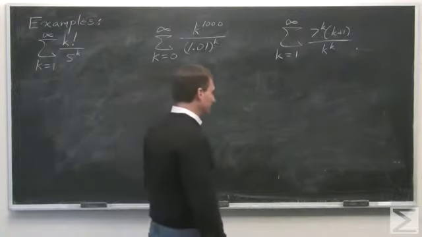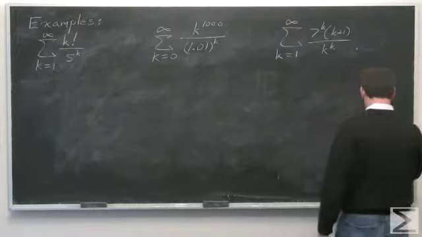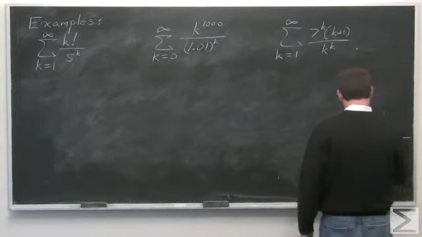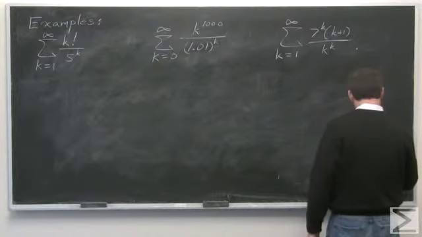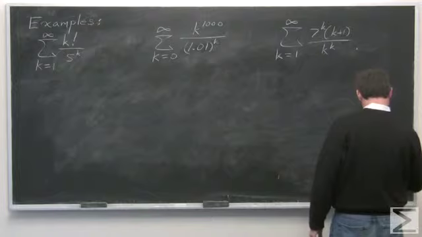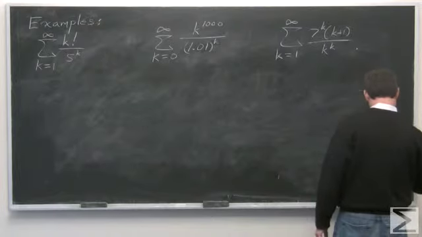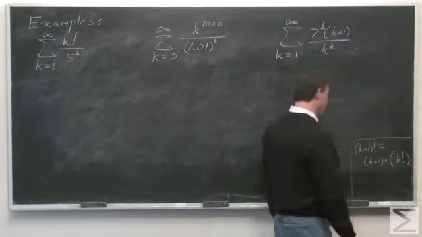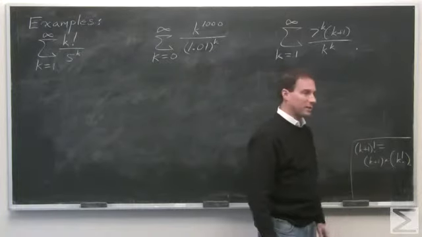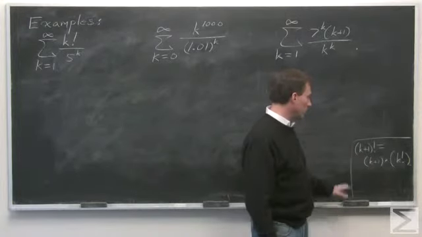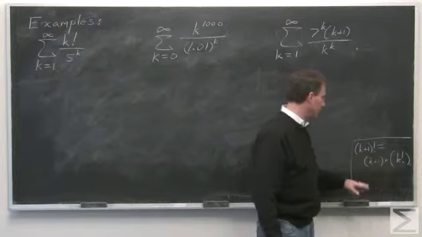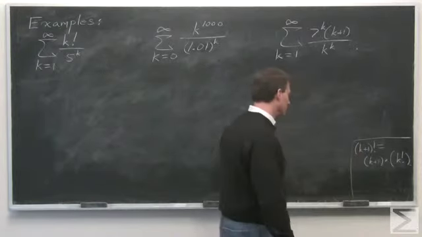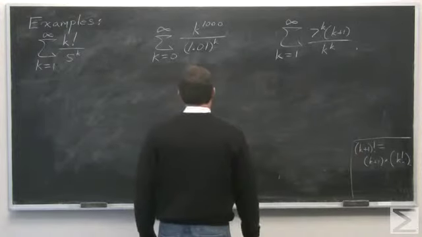I remind you of what I've reminded you of before, that k plus 1 factorial is k plus 1 times k factorial. So k plus 1 factorial divided by k factorial is k plus 1, or the other way around, k factorial divided by k plus 1 factorial is 1 over k plus 1.